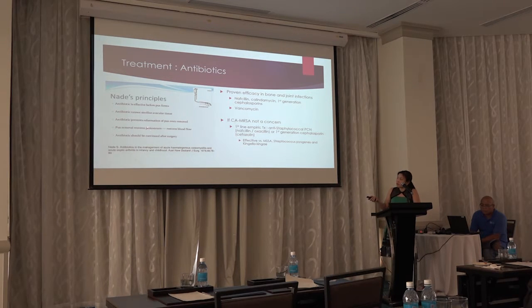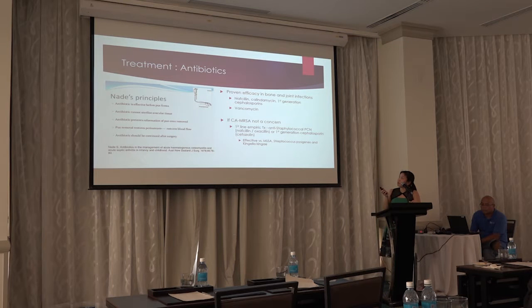Pus removal restores the periosteum of the bone, and it restores blood flow. So what this all says is, well and good if you don't have pus. But if you have pus, the antibiotics are not going to work because it's too acidic. The antibiotics are not going to get in there. So you need to take out the pus. It needs to be drained.